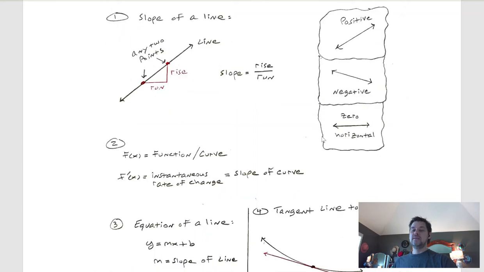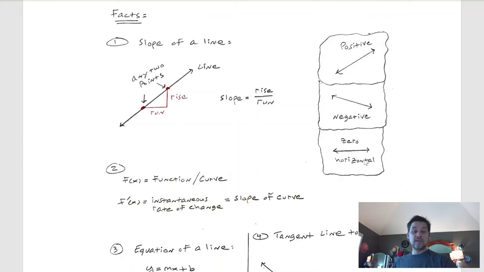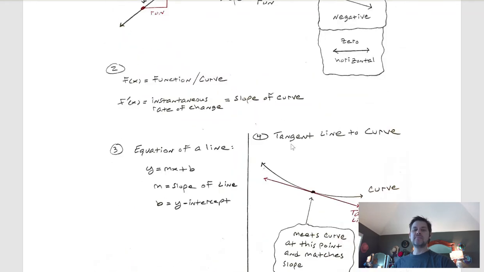Okay, the least steep of all lines, a horizontal line, has a slope of 0, and that is because the rise on a horizontal line is 0, and 0 divided by whatever the run is going to be 0. Okay, so slope can be positive, negative, or 0 depending on if the line is going up or down or is flat.